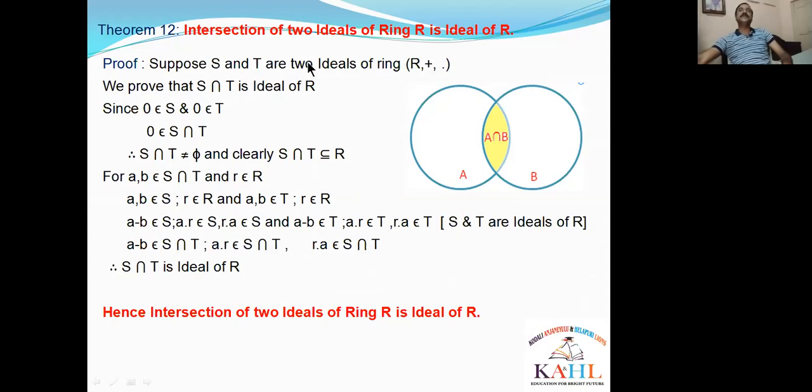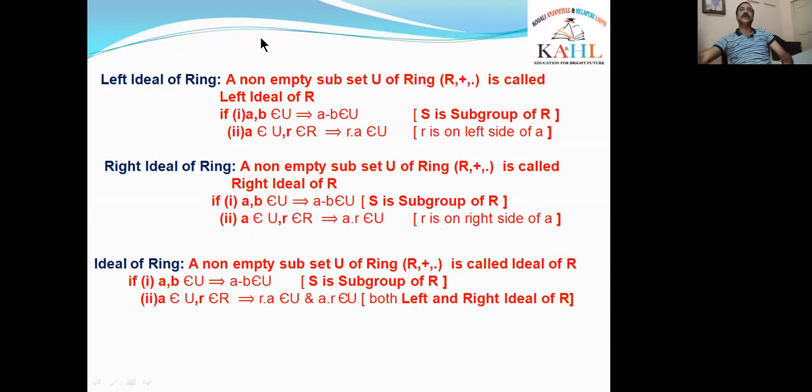Because S is an ideal and T is an ideal, first of all, what is the ideal definition? In that definition, there are two bits. The first one is the subgroup condition. Subgroup means it is itself a group inside the group R. R is a ring, and this is also a group.